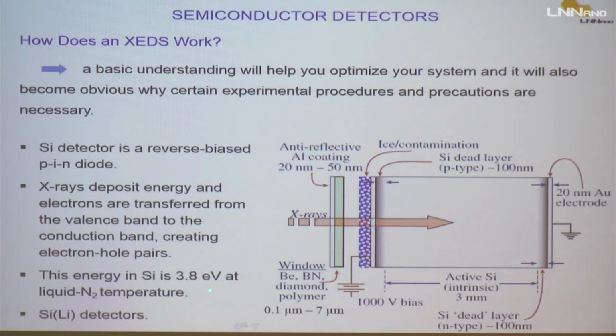A single event of this transition amounts to 3.8 electron volts.